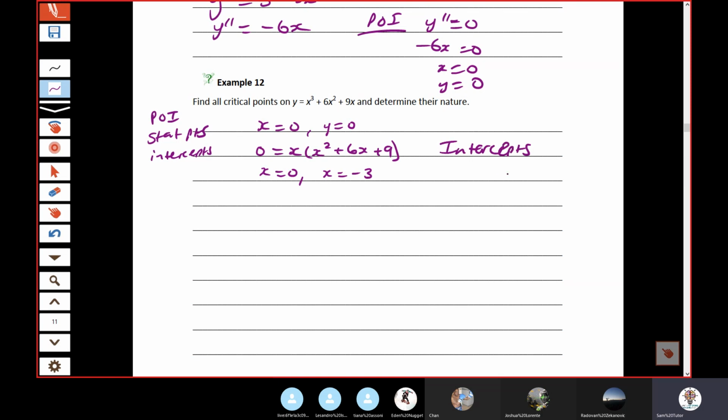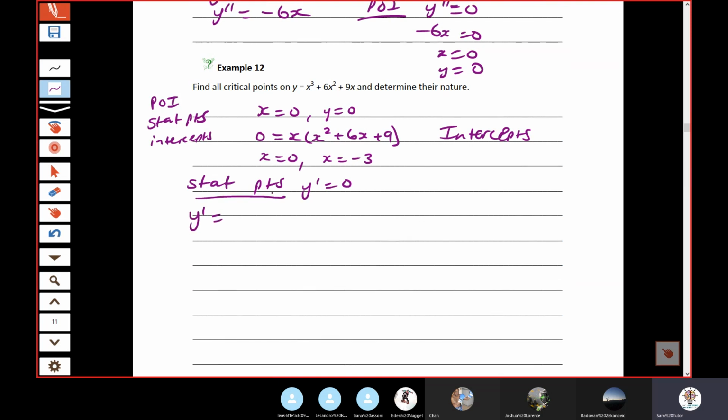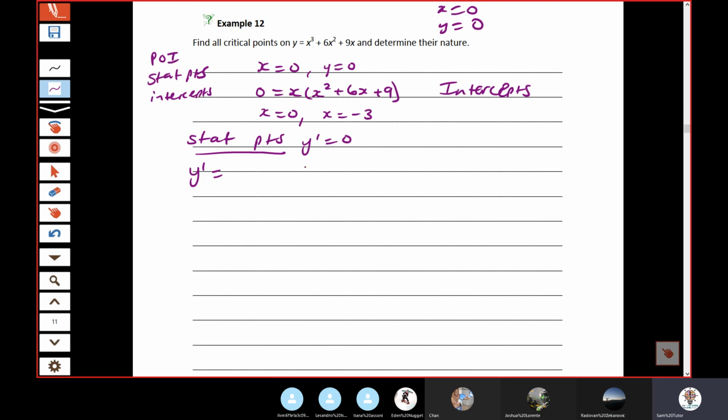All right. Now we're going to do stationary points. y dash equals 0. y dash equals 3x squared plus 12x plus 9 equals 0.